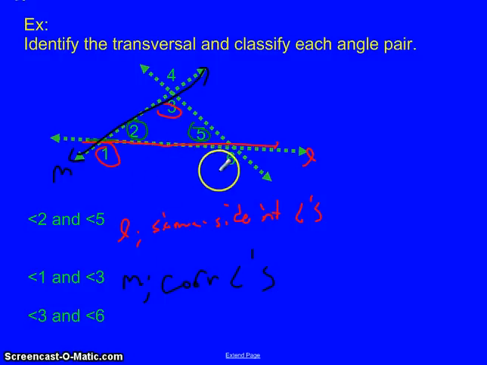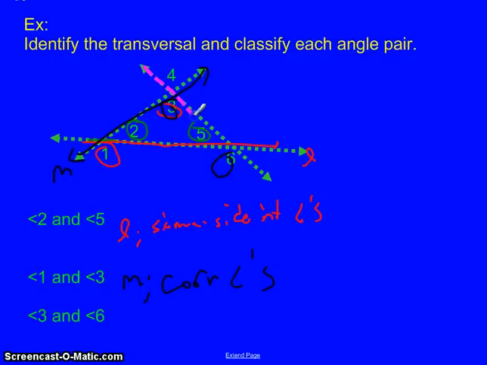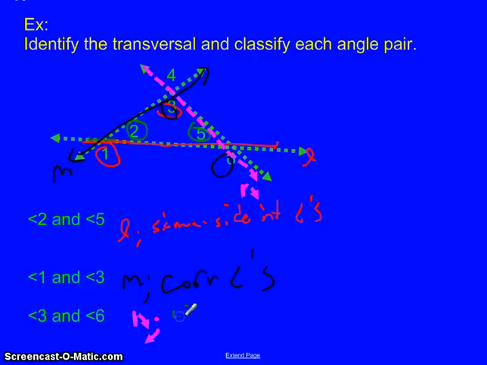And the last pair here would be 3 and 6, which kind of out of colors, so we're just going to go right here. Looks like the purple there, we'll name it N. So that's line N for the transversal, and then those would be also corresponding angles.